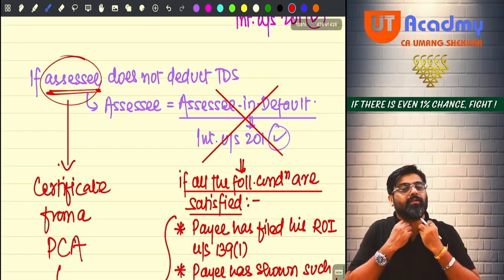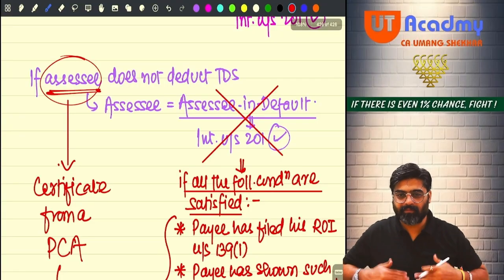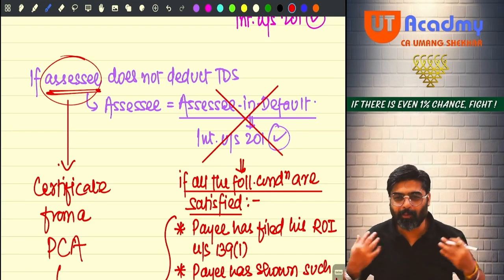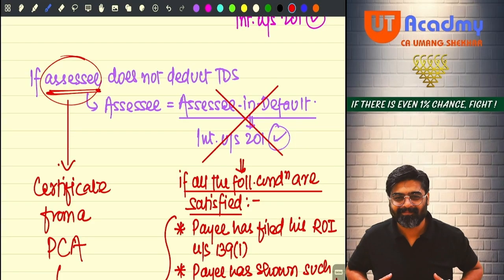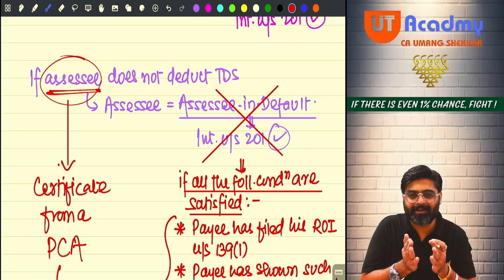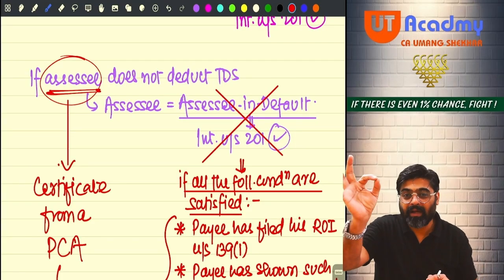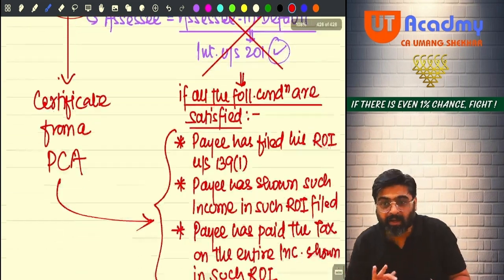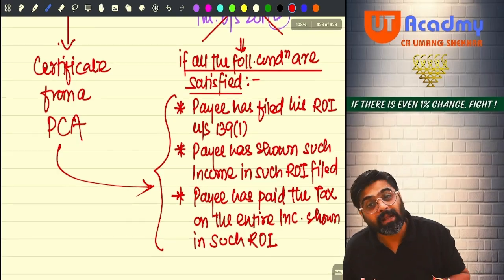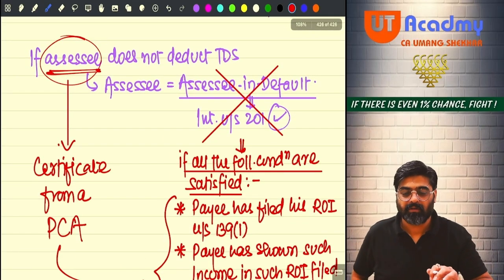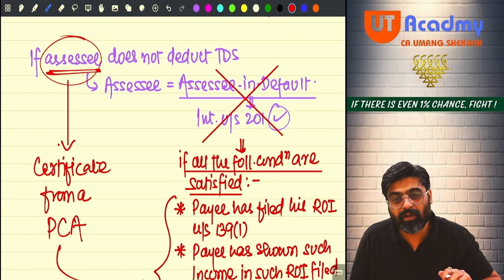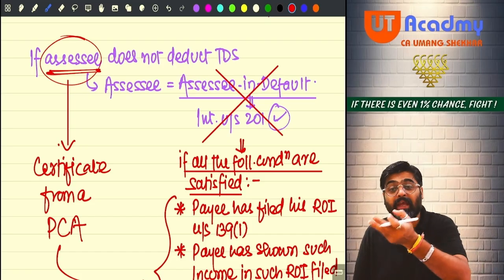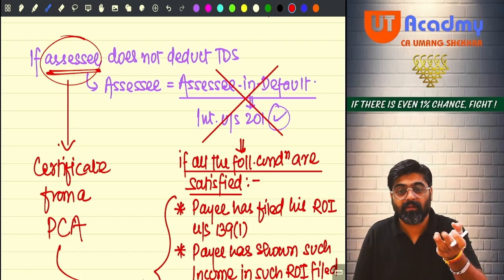So the department believes good people, practicing chartered accountants. So if the assessee takes a certificate from the practicing chartered accountant regarding all these things, yes or no? That means now it is proved. Now the department will believe that okay, if the CA has certified, then we have to believe.